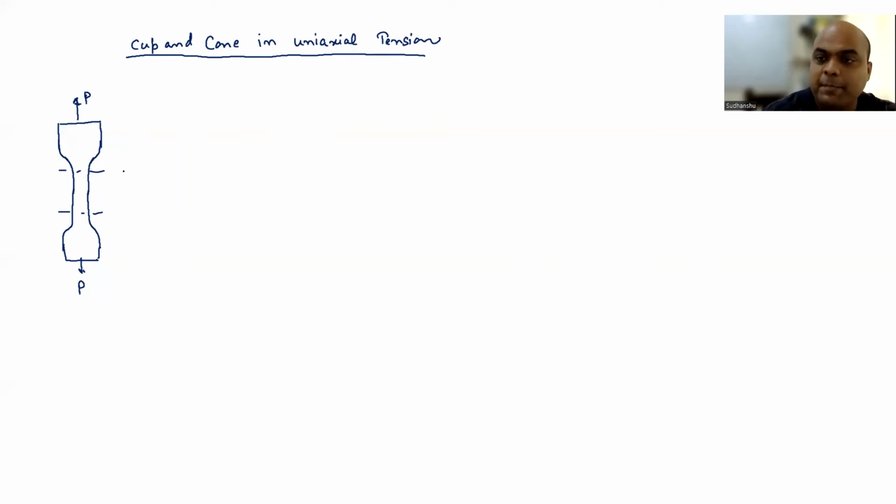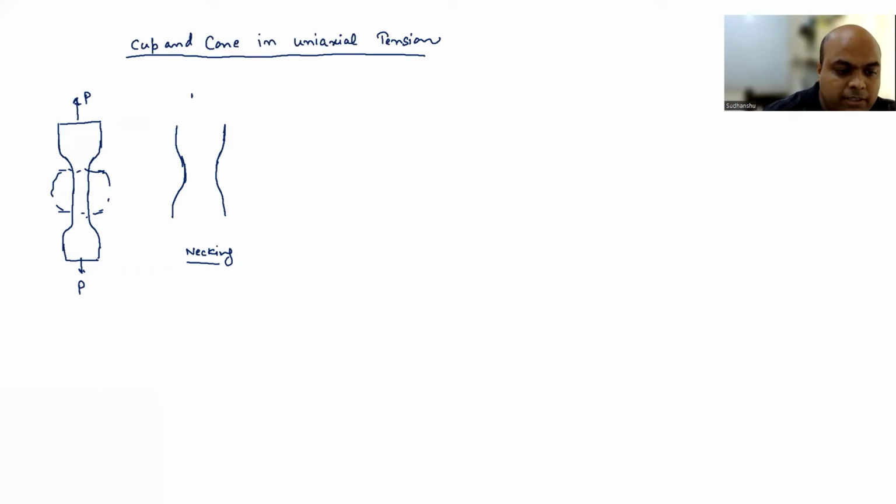So now I am again drawing only this section. So we have formed a neck, and this is the magnified version. So you can see a very big neck. Now you have observed the neck. Now what will happen?